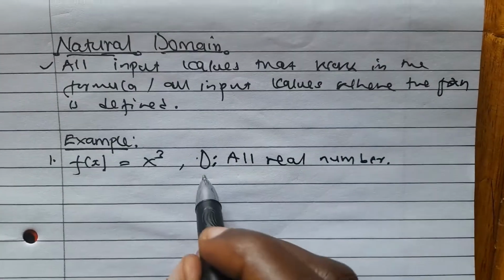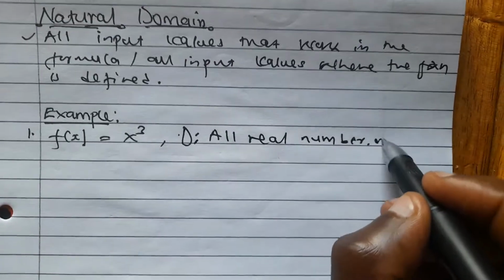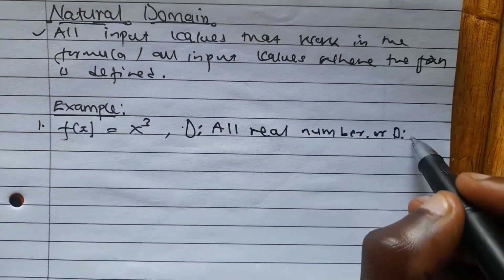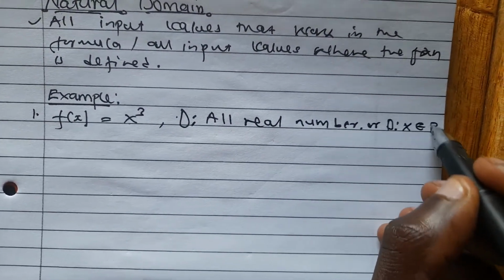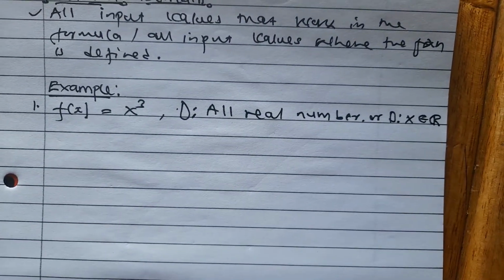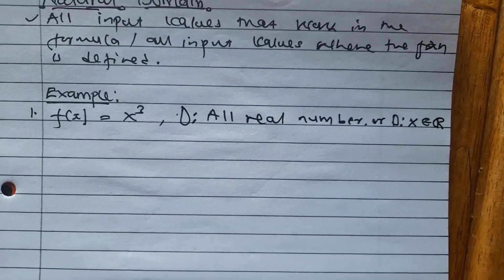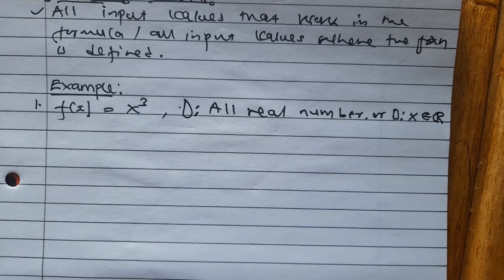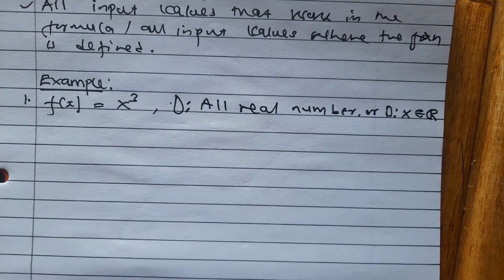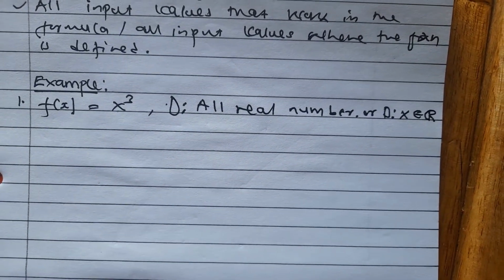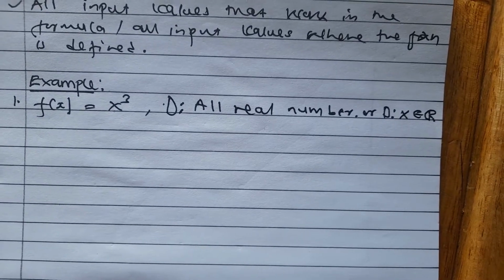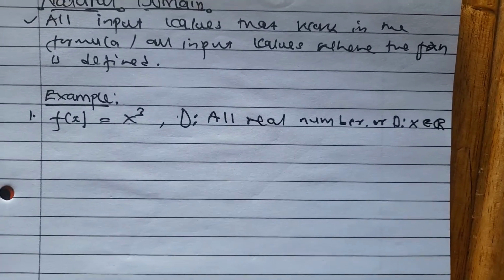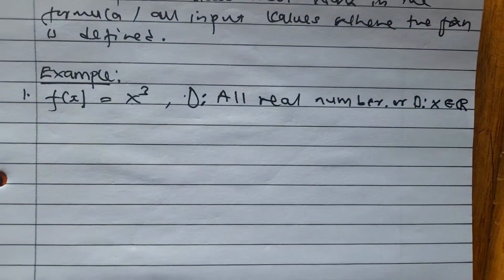You can as well write this: the domain is such that x is in the real numbers, meaning x is a member of the real numbers and we are not excluding any. The set of real numbers is in between negative infinity, which is not included, and positive infinity.